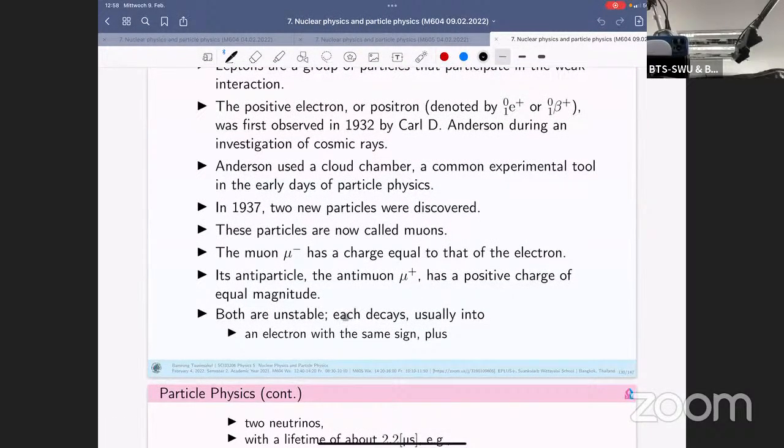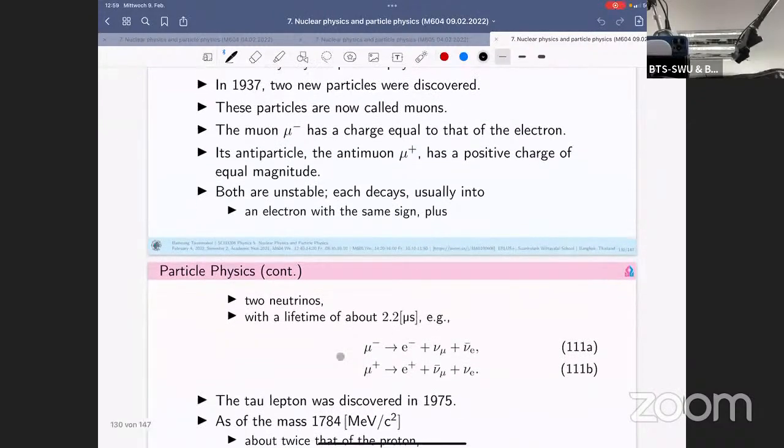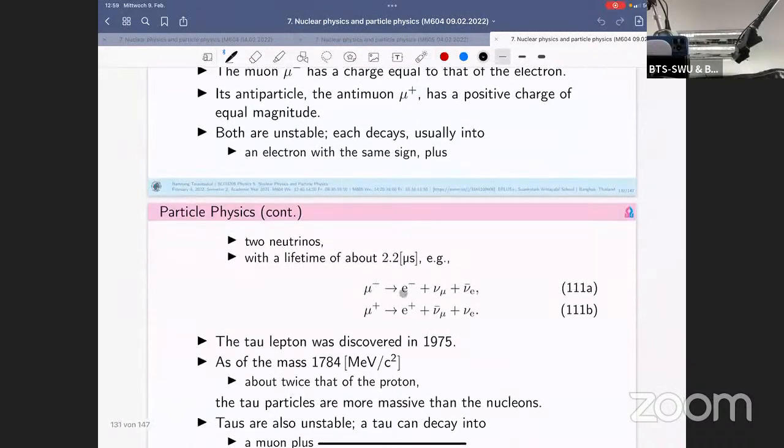Both are unstable. Each decays usually into an electron with the same sign plus 2 neutrinos, with a lifetime of about 2.2 mu, where mu means micro, so microsecond. The typical muon will decay into an electron, a muon neutrino and an electron anti-neutrino.